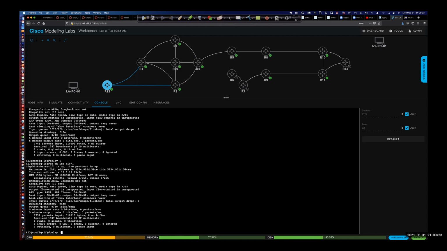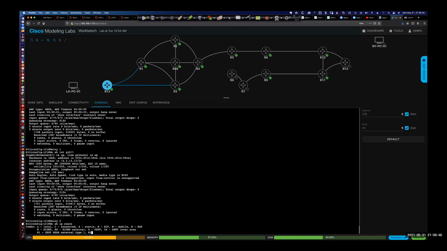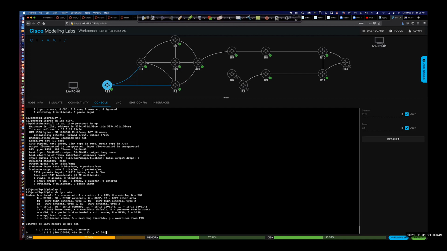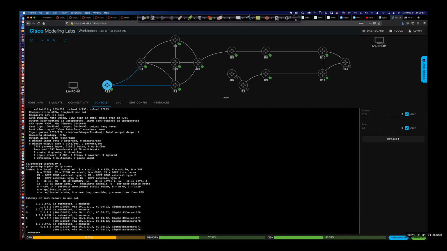So if I put 1, it's going to be 10 when I run that command. So let's change it to 2, meaning the delay would be 20. And let's see what happens. Now, maybe EIGRP is going to choose a different route here, but we'll find out in just a second when I say show IP route, and we look for the loopback for router 4, and let's see what direction it likes. We'll take a look at that.